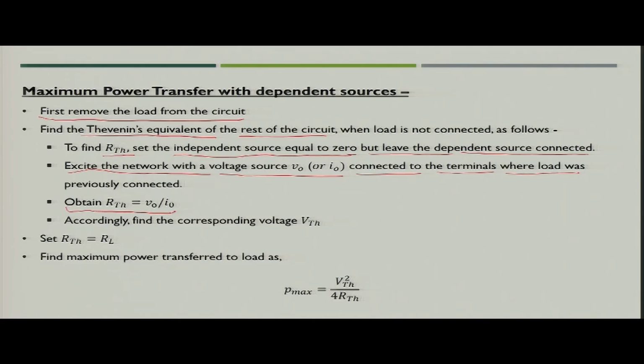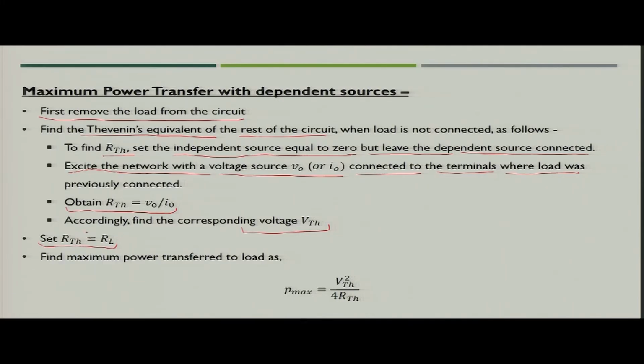Then you obtain the value of RTH, which is nothing but V naught upon I naught. V naught is the voltage across the terminal where you have connected either the voltage source or the current source, divided by the current supplied by the source, that is I naught. And after that you will find the corresponding Thevenin voltage.